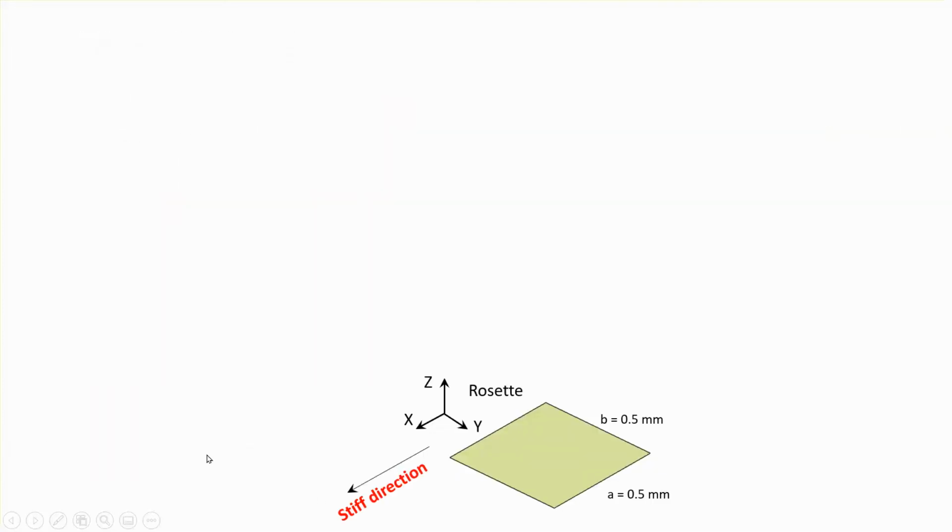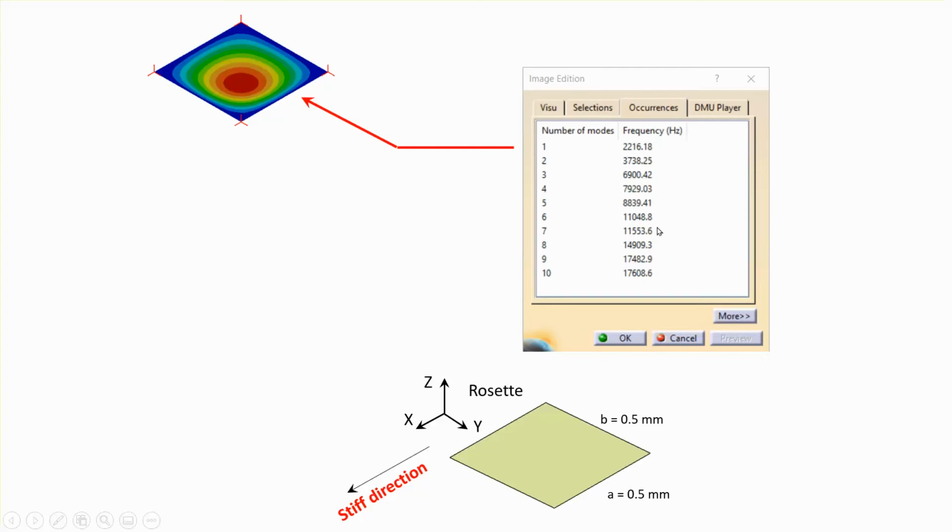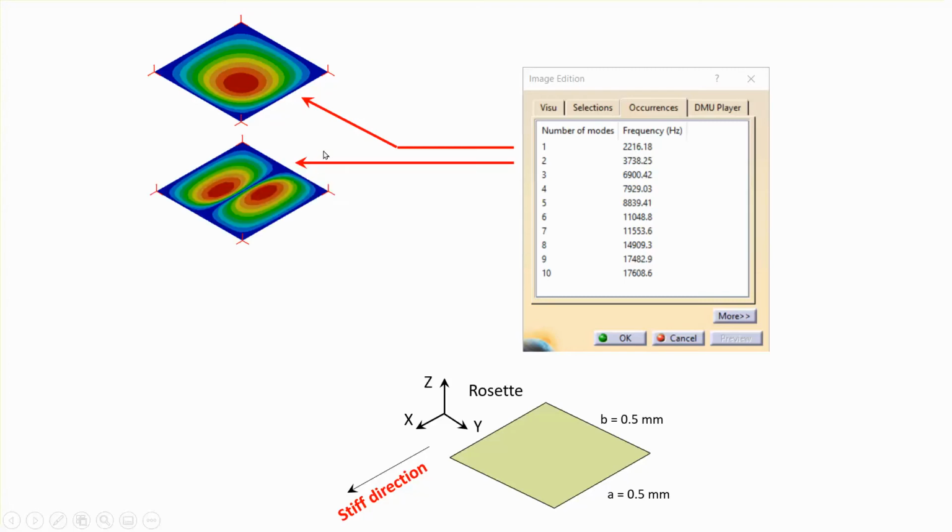Let me go to the next page. When you look at the results later on, I'm going to do that in a few minutes, they look like this. This is the first mode. CATIA gives you almost 2200 hertz. This is the second mode.